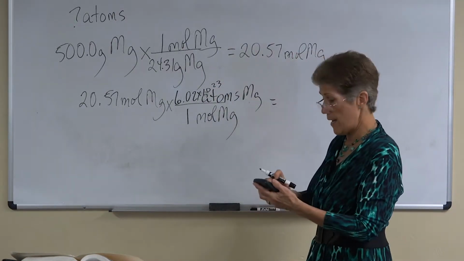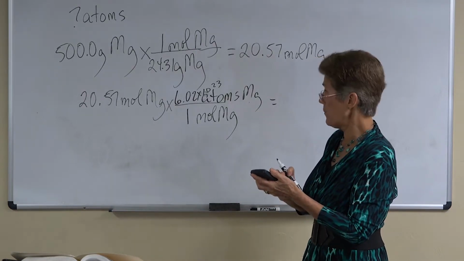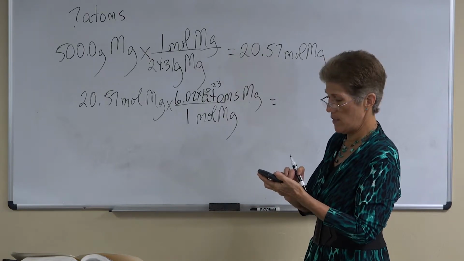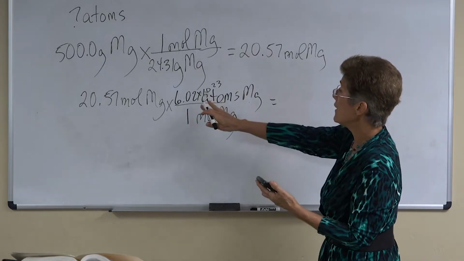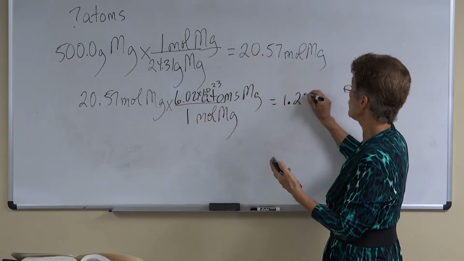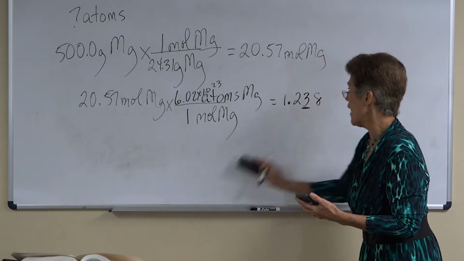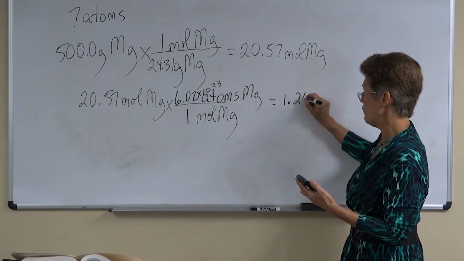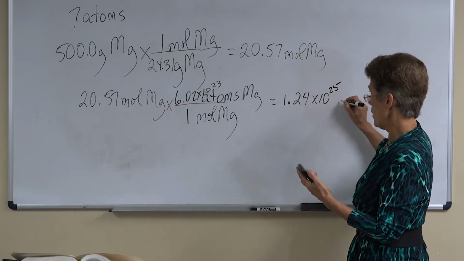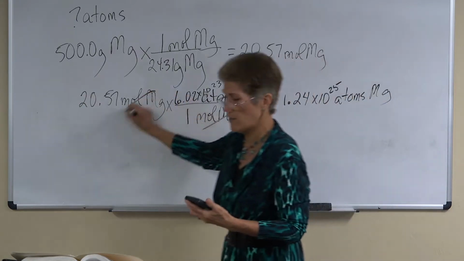And so we take our 20.57 and multiply it by 6.02 EE 23. In my calculator, that's how you do it. I need 3 significant figures in my answer. What comes out of my calculator is 1.238 and so on. I've got to go to here. So that 8 is going to round that up to a 4 times 10 to the 25th atoms of magnesium. This will cancel.